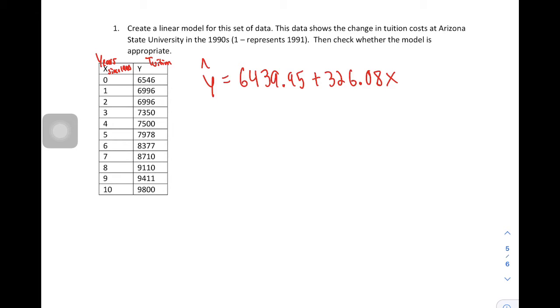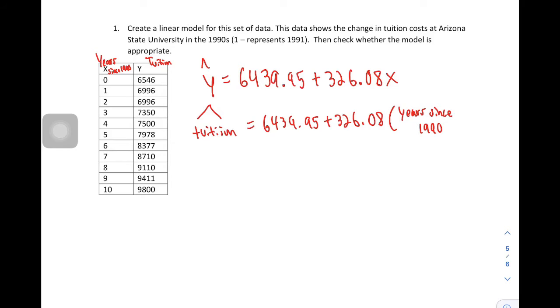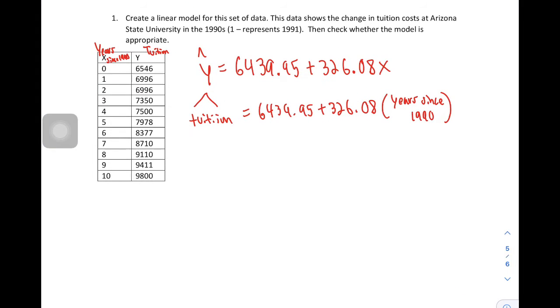Here's what I get. If I plug in the variables, we can say the predicted tuition is the same thing, just plugging in years since 1990.